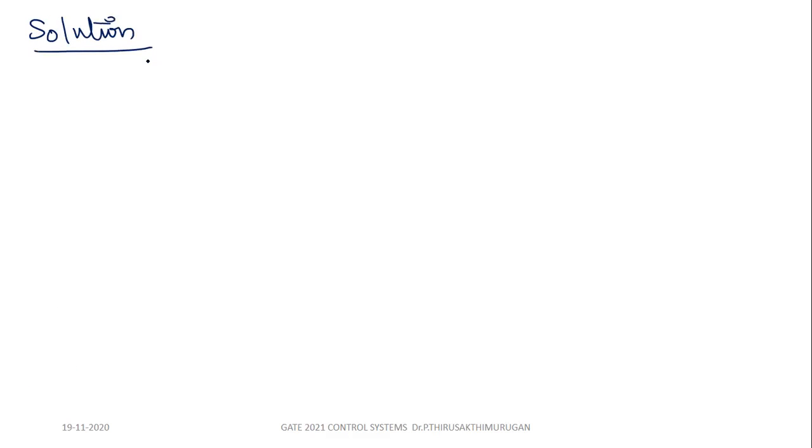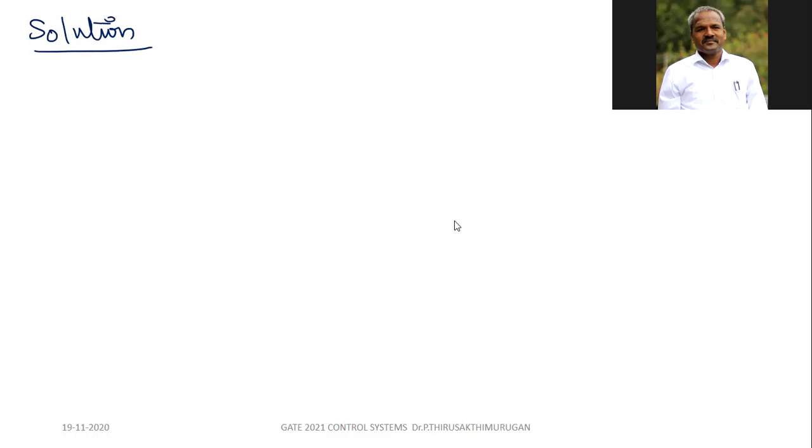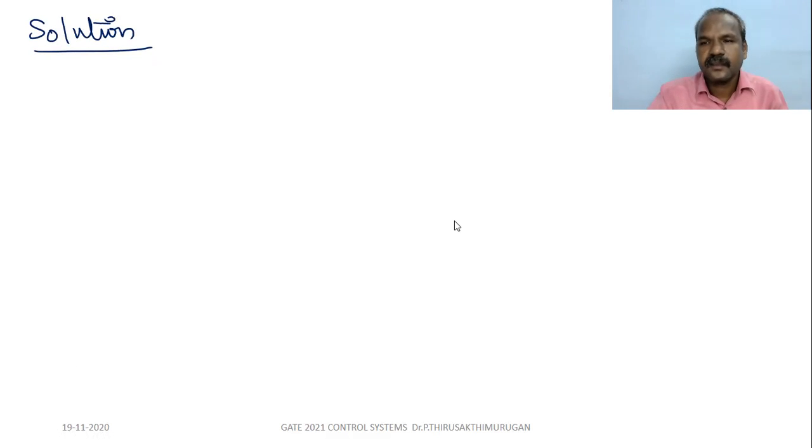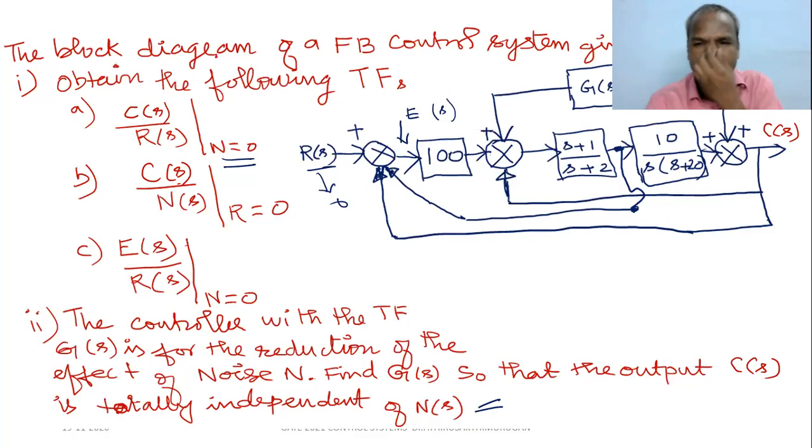Solution to the problem. So in the first case, n is 0.